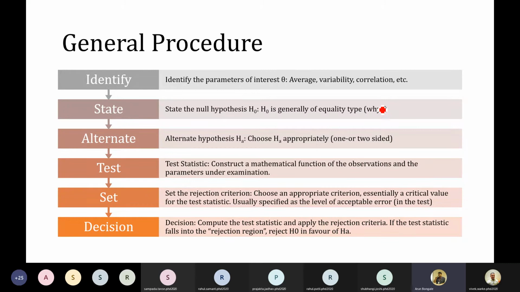So we are up to this part. The rest of the content of this chapter deals with the test, data set and decision: what tools we have for carrying out the test and for taking a particular decision. We'll be learning that in the coming lectures.